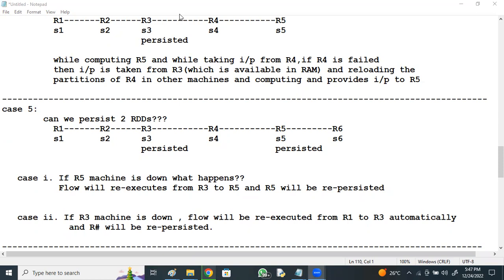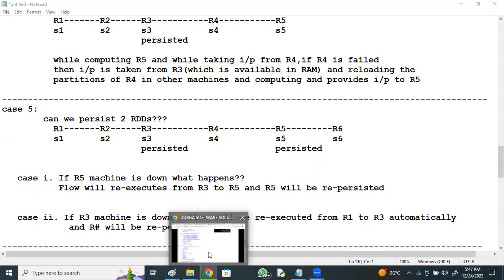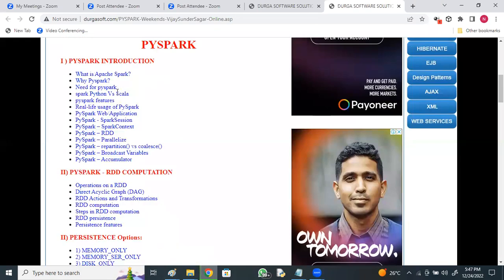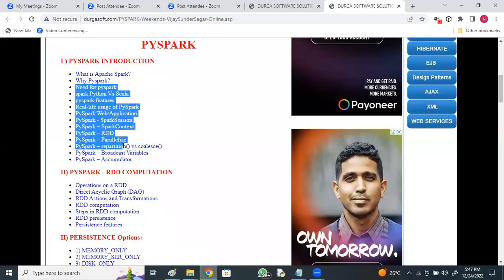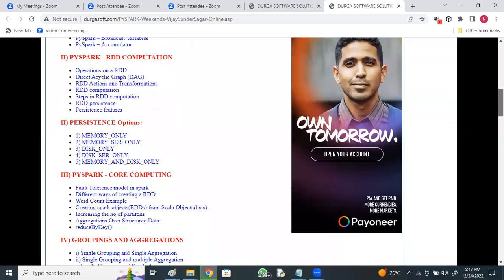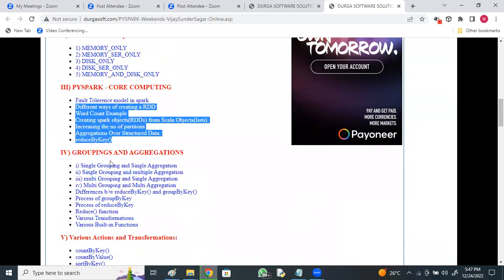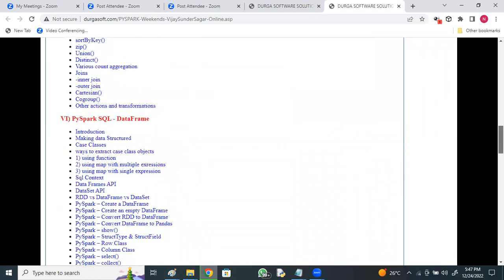Sir, in this course, what are you teaching? PySpark. See, observe this. In this, I'm covering total PySpark: Spark context, PySpark RDD parallelizing, PySpark RDD computations, persistence options, PySpark core computation, PySpark groupings and aggregations, various actions and transformations.